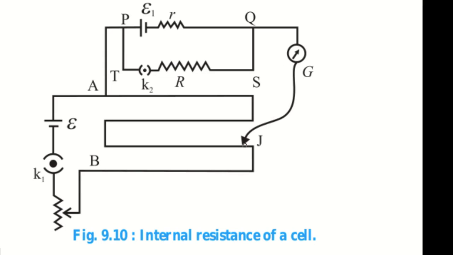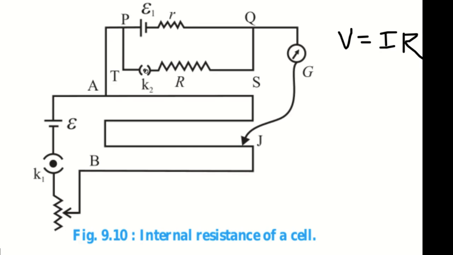At that null point the potential is equal to K into L1. We have seen in an earlier video the potentiometer principle, and how we calculate the potential difference or the EMF. So we get V is equal to I into R, the voltage across terminals A and J.